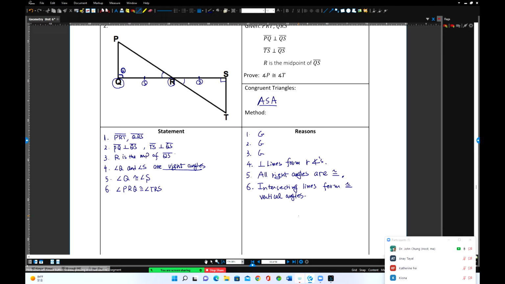Now we got two angles there. Now we need one more side between these two. So you can say that R is the midpoint, QR congruent RS. The reason is what? Midpoint divides a segment into two congruent segments, or parts, or halves.